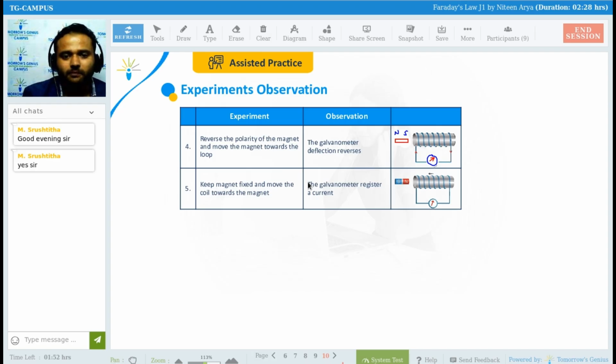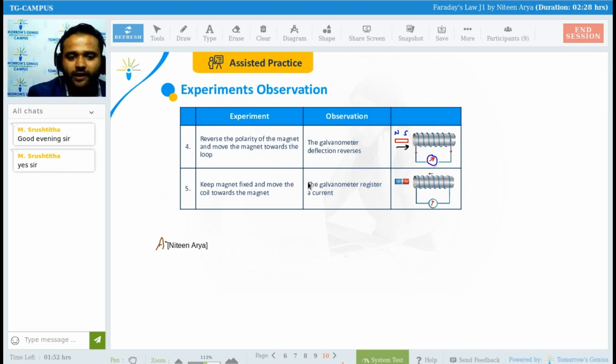Is this clear? But the main thing is again the motion. Here also the necessary thing is this motion. Here you can see the arrow on this particular coil. If there is no arrow, it means there is no motion.